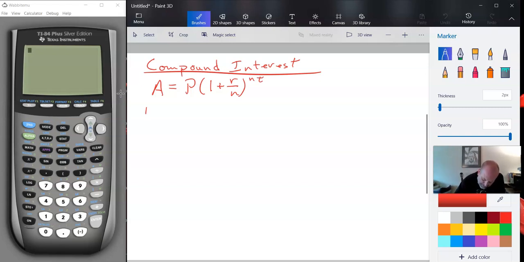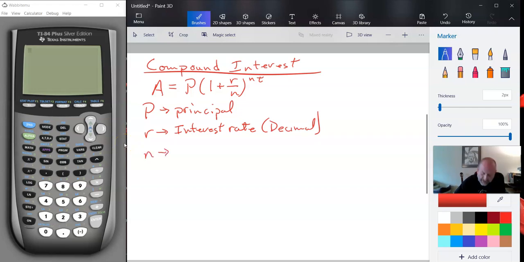Well, P is our principal. R is the interest rate, as a decimal. N is the number of times it's compounded.